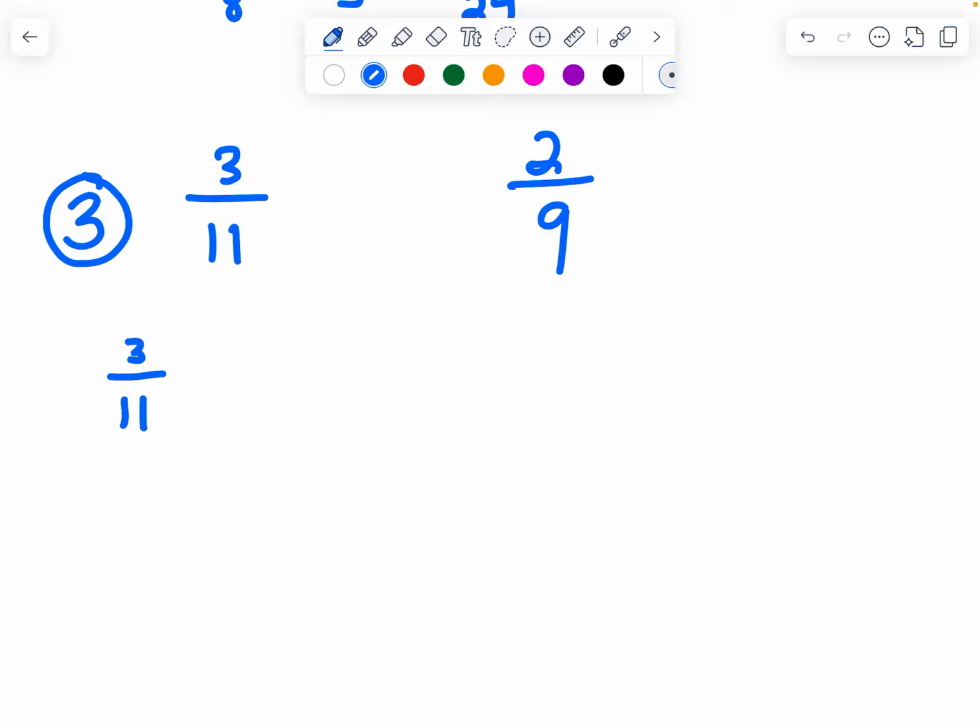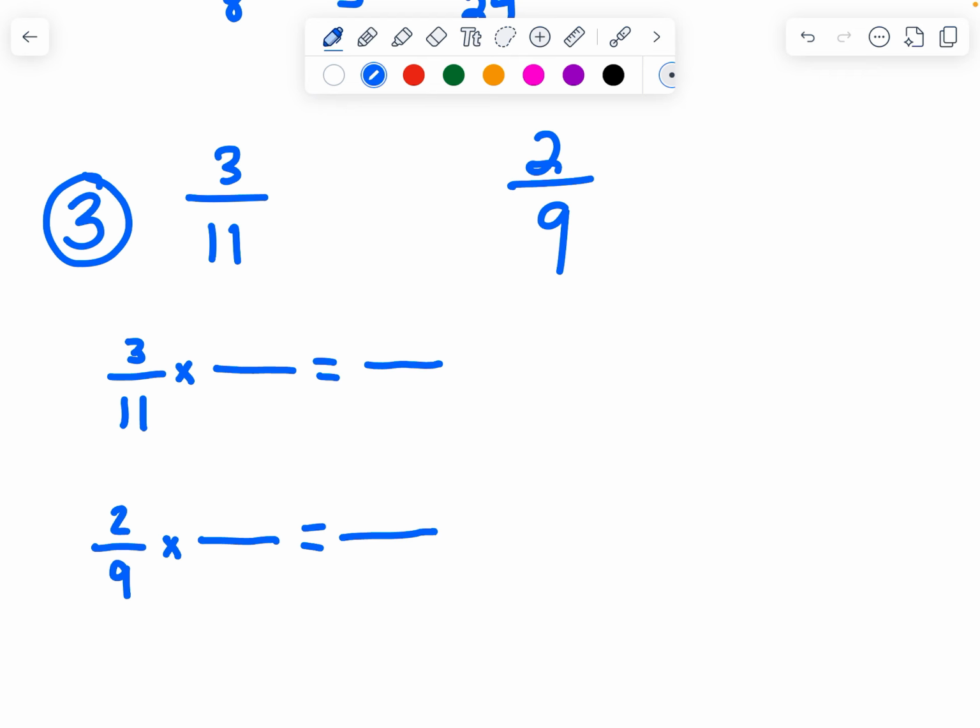So let's go 3/11 and 2/9. We're going to times these each by a whole. We want a fraction that has the same denominator because that's easy to tell which one's bigger.